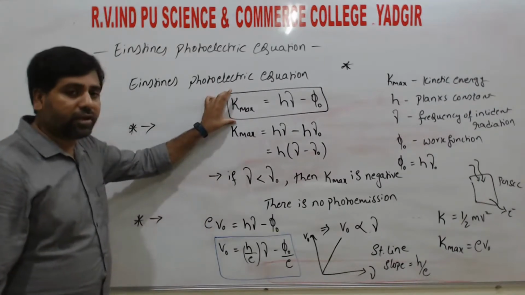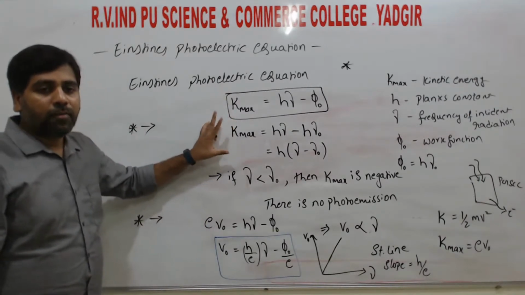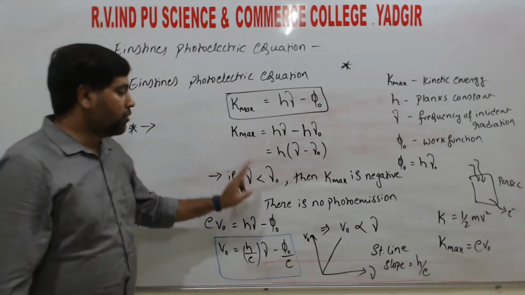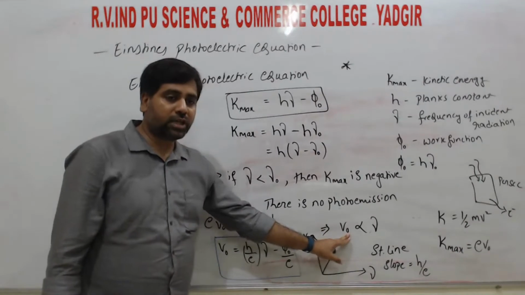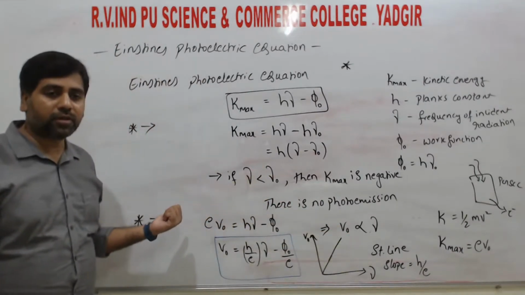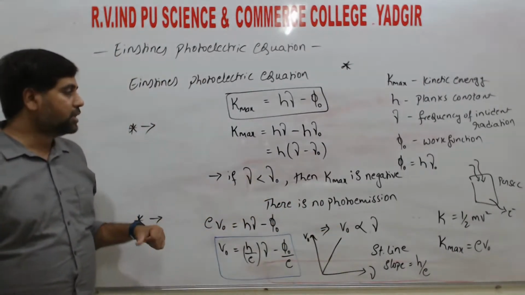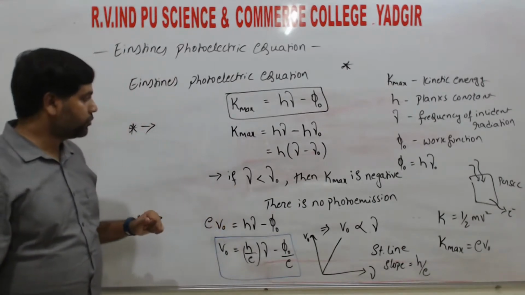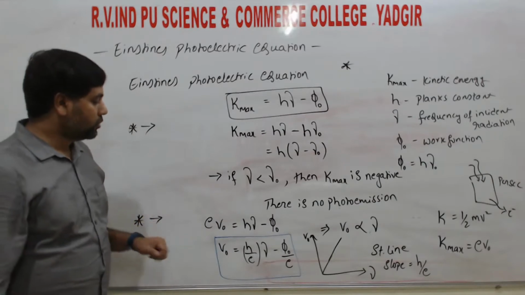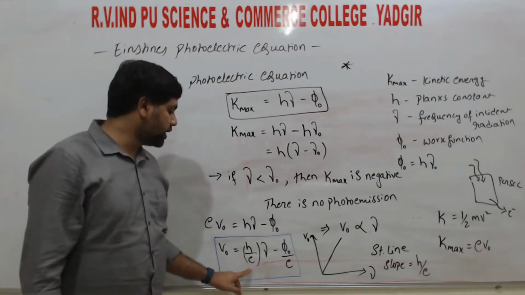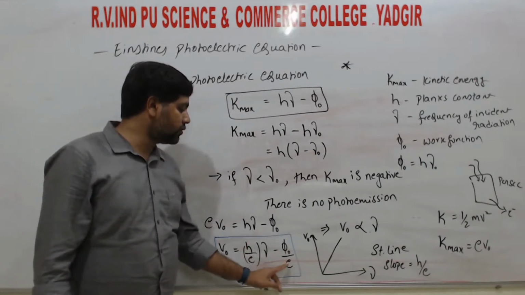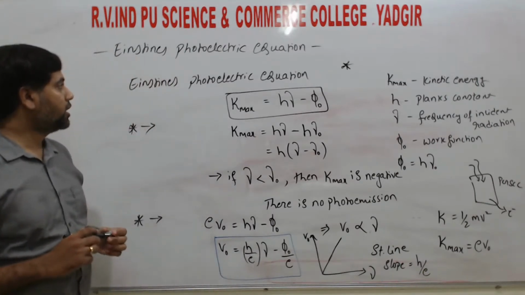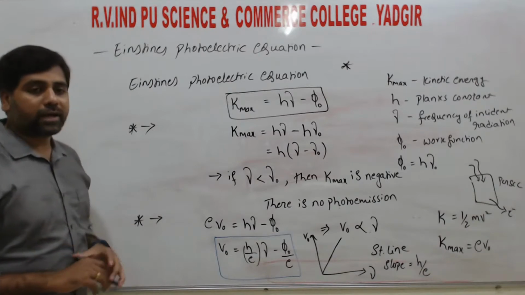By using this equation, we discussed the 5 parameters, right? One is kinetic energy, one is stopping potential, another is photocurrent with the intensity, and the first one, that is intensity, right? So V naught is equal to h by e, the constant, into nu minus phi naught by e, right?